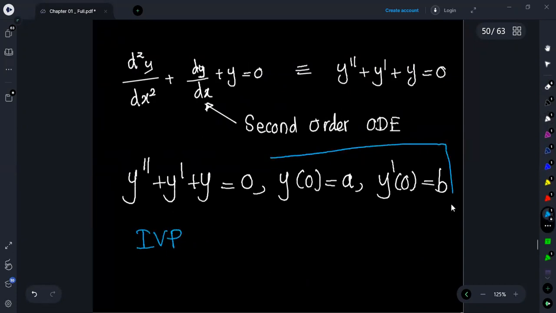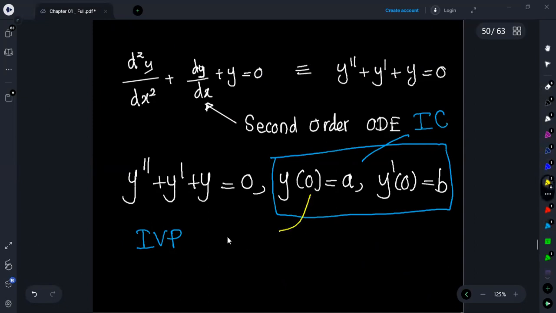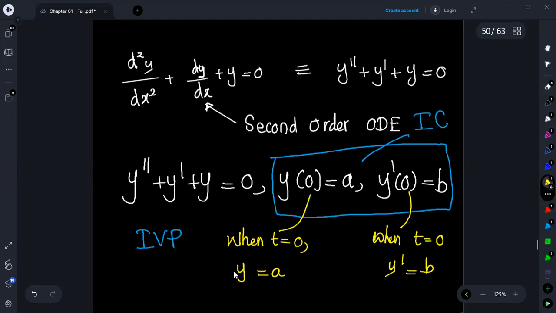We can identify these two as the initial conditions. When t is equal to 0, y is equal to a, and when t is equal to 0, the value of y dash is b. Those are the initial conditions for second order initial value problems. We need to use these data to solve the ordinary differential equation.